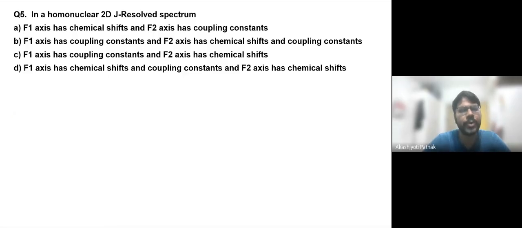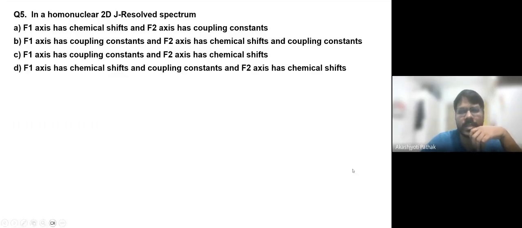So in a homonuclear 2D J-resolved spectrum, to answer this question we discussed just now: what will a homonuclear 2D J-resolved spectrum have? Option A: F1 axis has chemical shift, F2 axis has coupling constant. Option B: F1 axis has coupling constant, F2 axis has chemical shifts and coupling constant. Option C: F1 axis has coupling constant and F2 axis has chemical shifts.